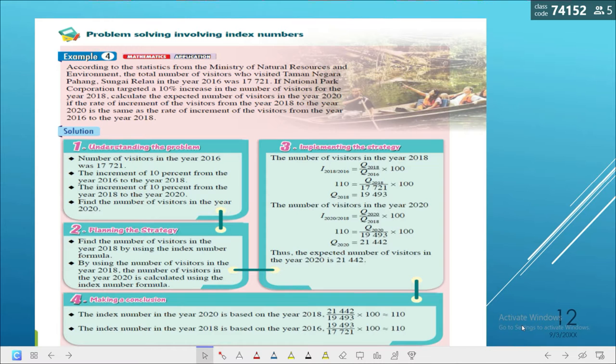That is the index. Now we learn how to solve problems involving the index number.